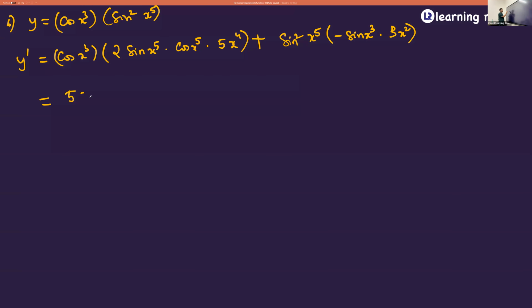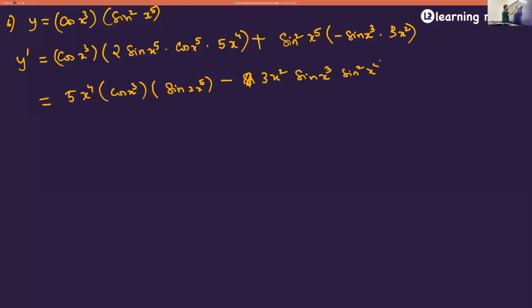So it will be 5x power 4 cos x cube into sine of 2x power 5, because 2 sine theta cos theta is sine 2 theta, where theta here is x power 5, minus 3x square sine x cube into sine square x power 5. This will be the answer. Clear with this?